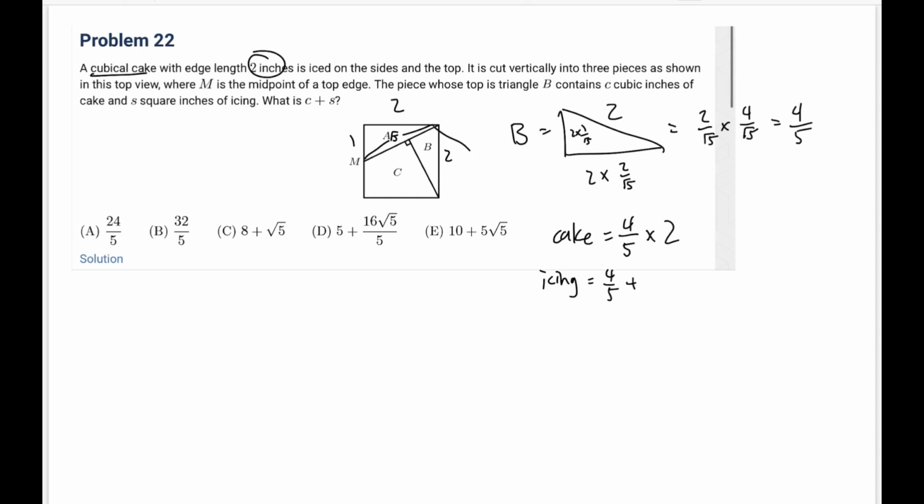So we have to put in one more side, which is 2 times 2. So cake plus icing equals 8 over 5 plus 4 over 5 plus 20 over 5. So this is 12 plus 20 over 5. This is 32 over 5. So the answer is B.